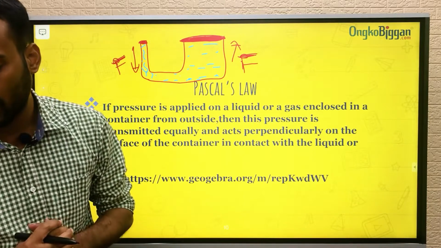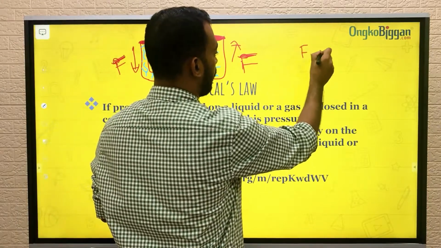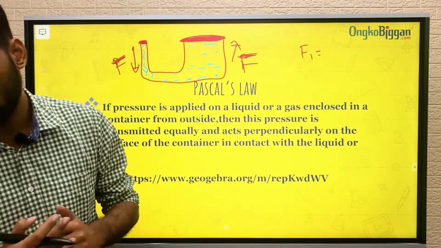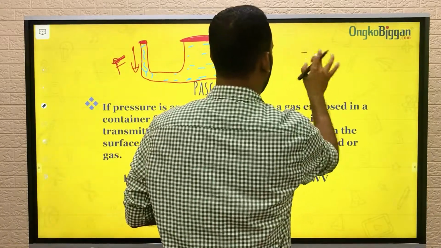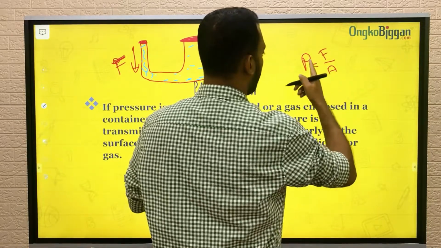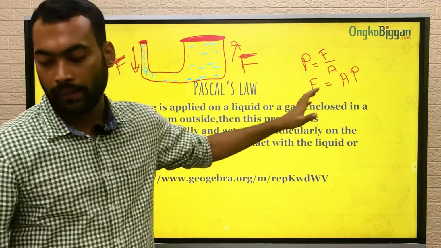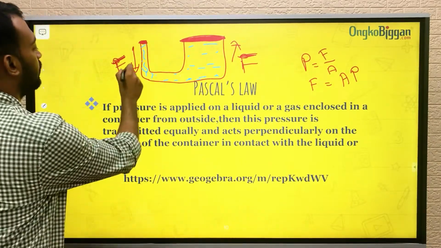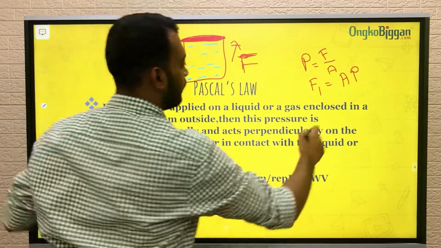Now, Pascal's law says that, from the chapter on pressure, we know that P is equal to F by A. So F is equal to A P. The force which you're applying on this side, suppose this is F1, and the surface area on this side is A1.